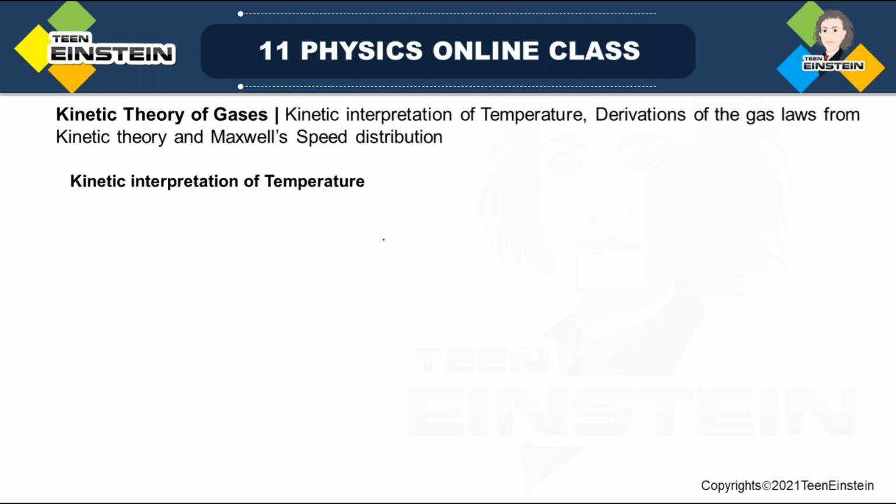If you remember, P is given as 1/3 rho V average square. Okay, so this is what we have found out from kinetic theory of gas.